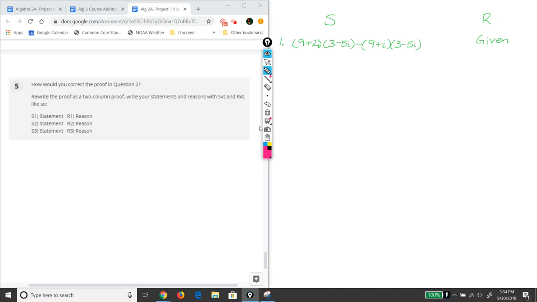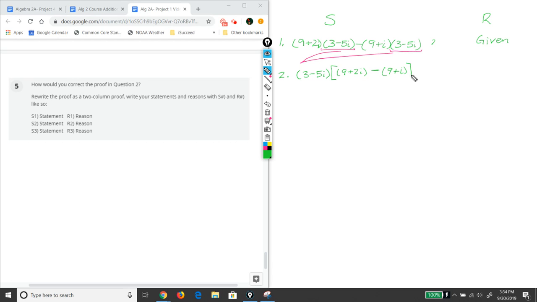Now there are several different ways of solving this, none of which are more correct than the next. But I kind of liked the way that Princess Polly was talking. She recognized this common factor, so she factored that piece out. So if I pulled that piece out, step number 2 would look like 3 minus 5i multiplying with 9 plus 2i, and then we also had it multiplying with the subtraction of 9 plus i.